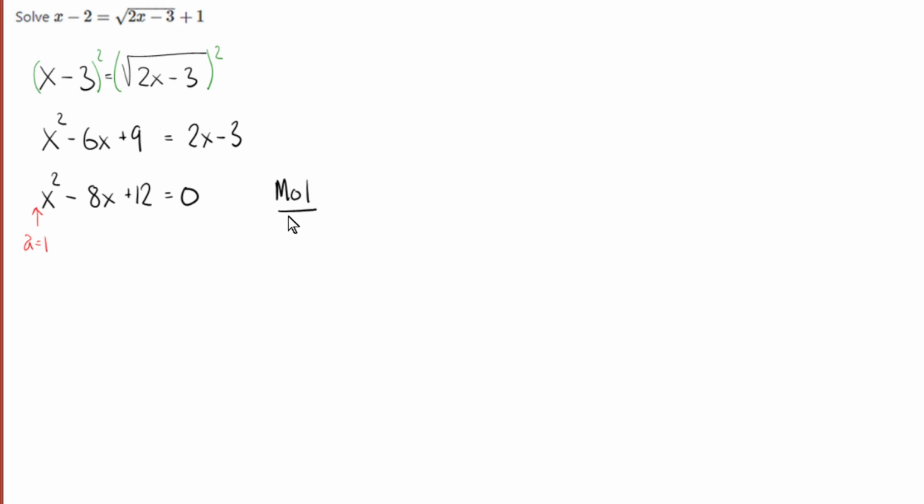So we're looking for two numbers whose sum is negative 8 and product is positive 12. And those two numbers will be negative 6 and negative 2. If we add those up, we're going to get negative 8. If we multiply negative 6 and negative 2, we're going to get positive 12.